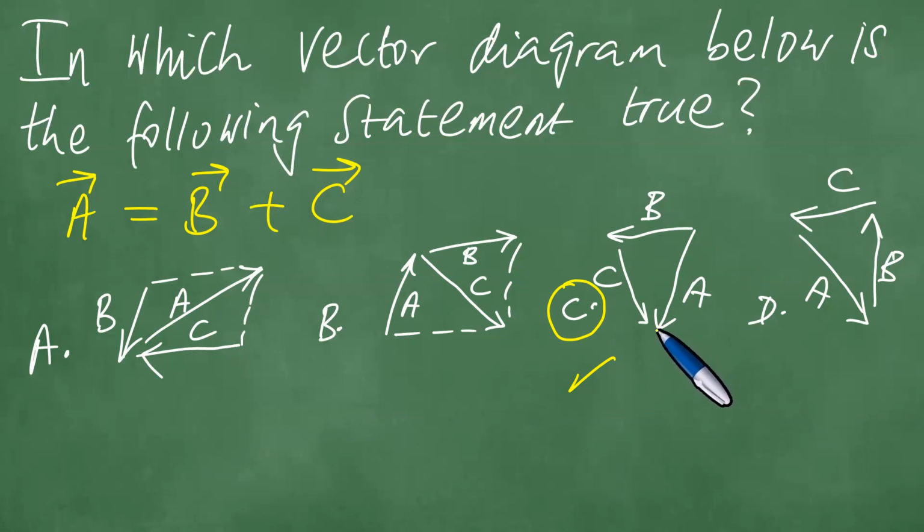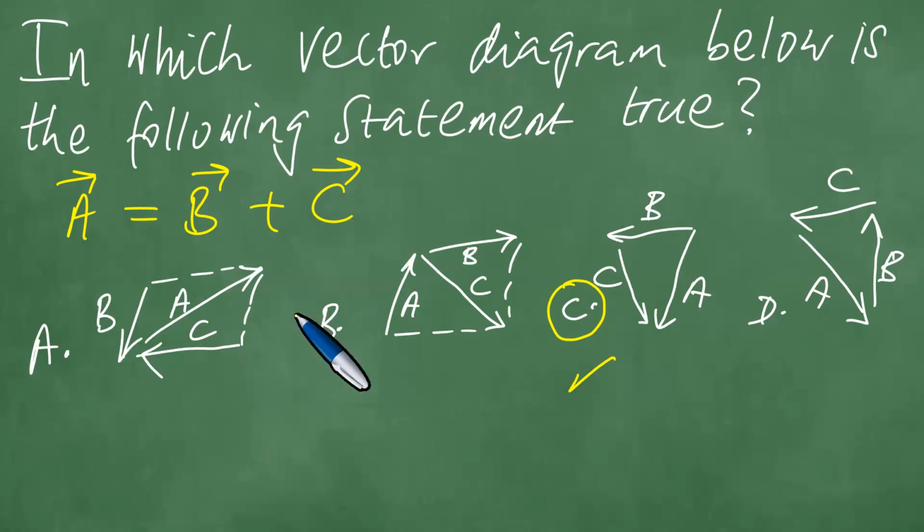All right, and obviously there are a lot of ways you can use to reason this out. If you look at this one, for example, you can move vectors, but never change the directions. So if you move this one and make it parallel to this, you'd move here, you'd move there. So it would say, for instance, C and A would give B. So it's not exactly what this one says.